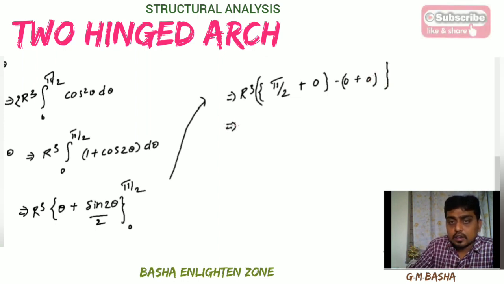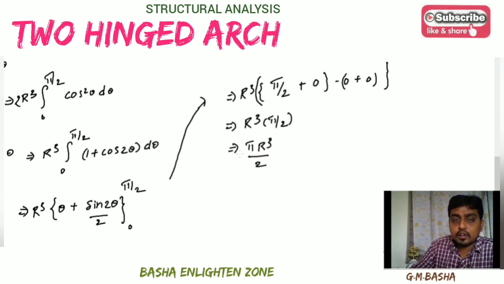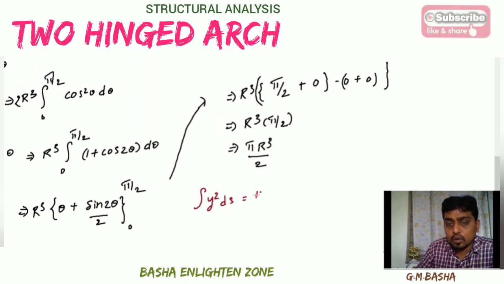Then all the things will be 0 only. You will get r cube pi by 2 means pi r cube by 2. So the denominator part here will be pi r cube by 2, means integral of y square ds will be equal to pi r cube by 2.